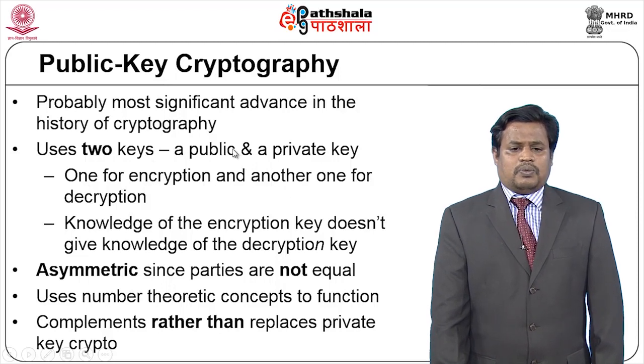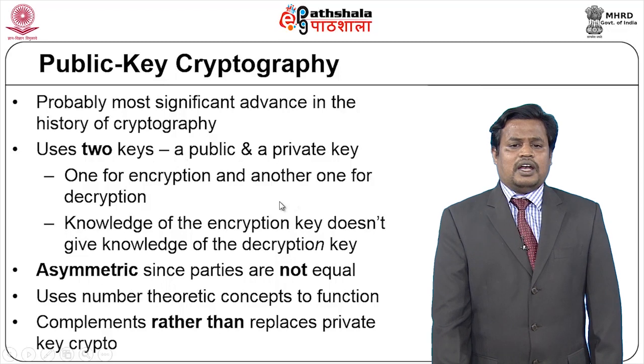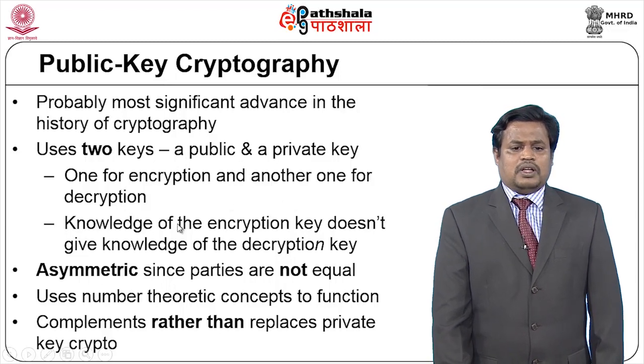The idea here is that I use one key for encryption and another key for decryption. I will use the public key for encryption and the private key for decryption. The knowledge of the encryption key does not give knowledge of the decryption key.